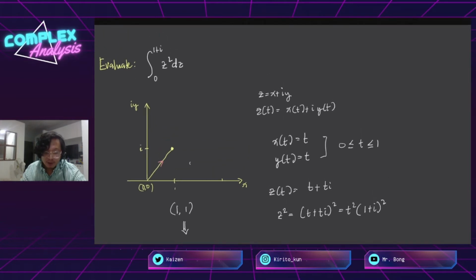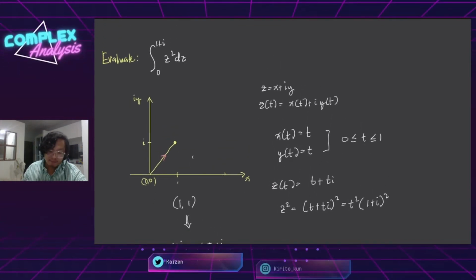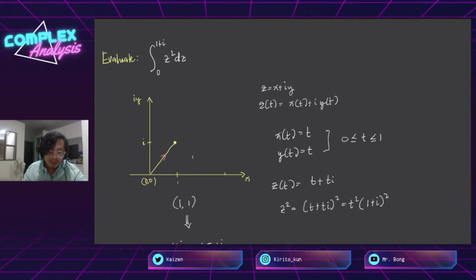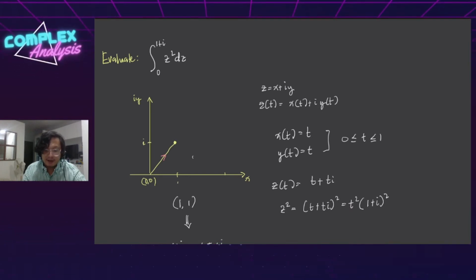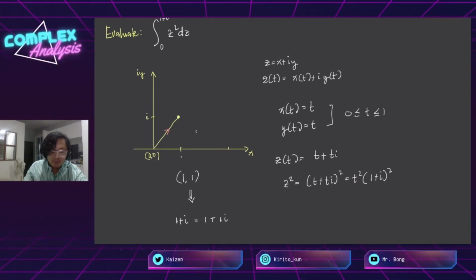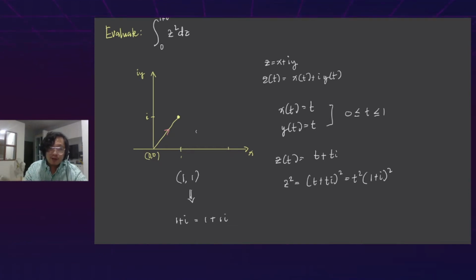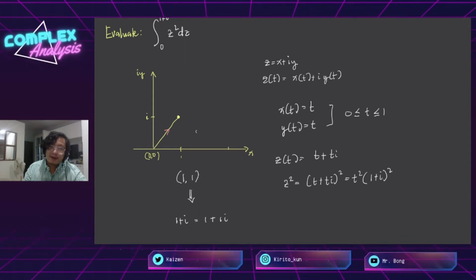So let's go back to the problem. Our problem is the integral of z squared dz from 0 to 1 plus i. Since from the complex plane, our values will have an interval of 0 to 1.